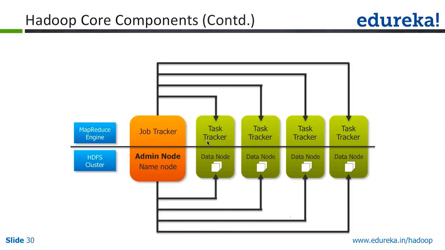The task tracker runs on the data node. The data node will be on a machine and the tracker will be running on that node. So job tracker is associated with the admin node and the task tracker is associated with the data node. Is that clear to everyone? Just remember this much.